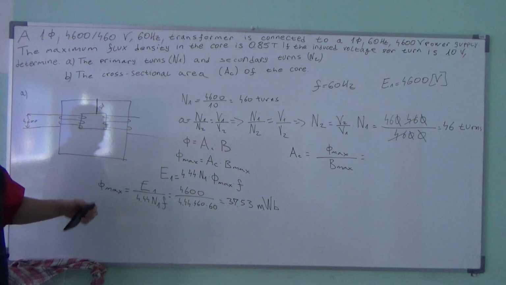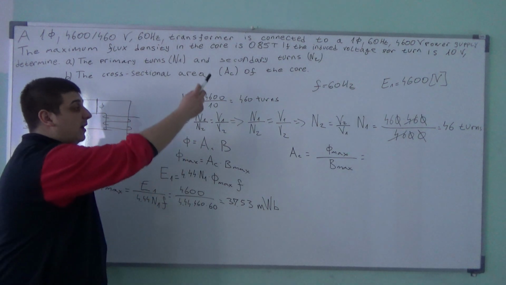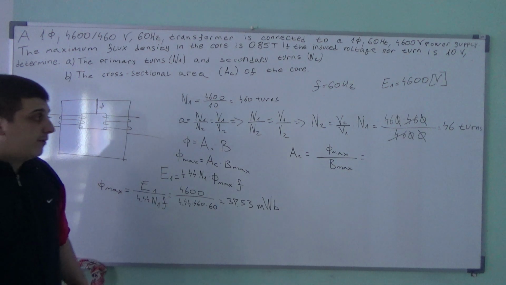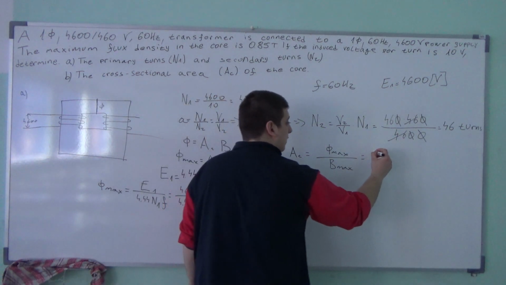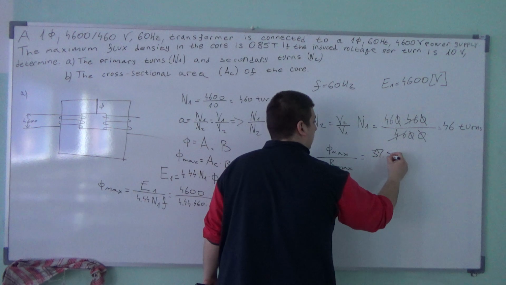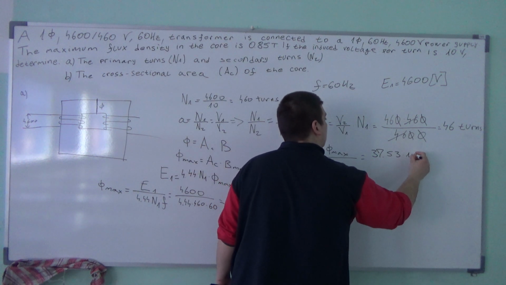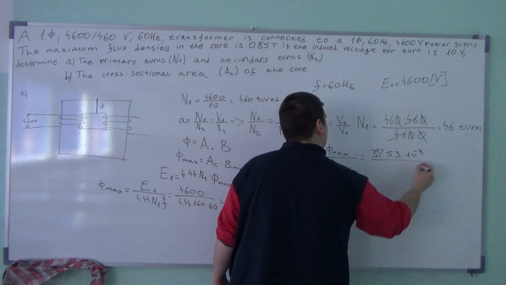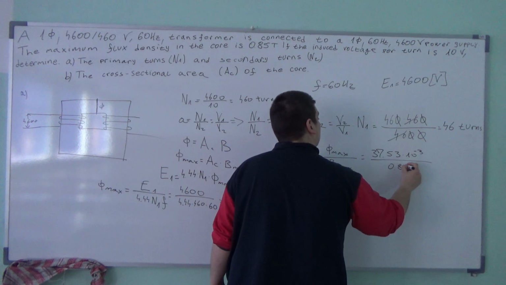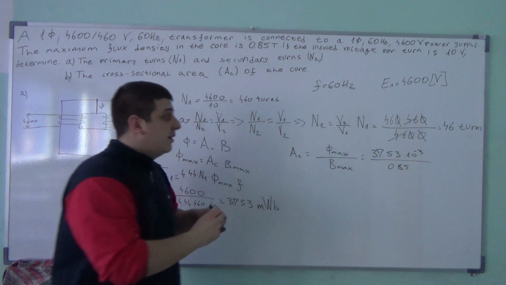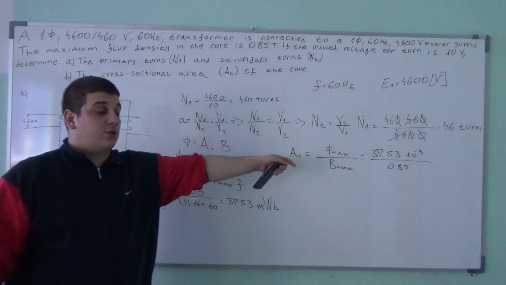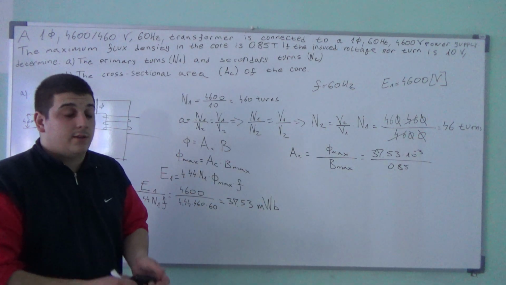The maximum flux density is 0.85. Then we get that the cross-sectional area is equal to 37.53 times 10 to the minus 3 divided by 0.85.